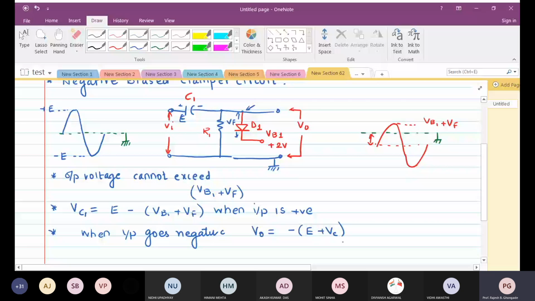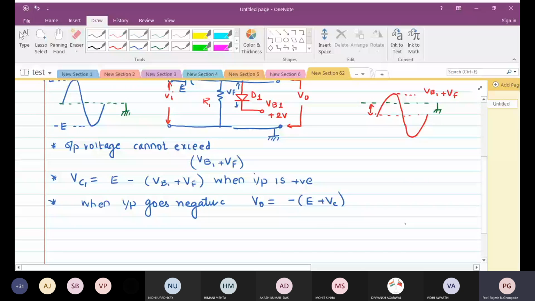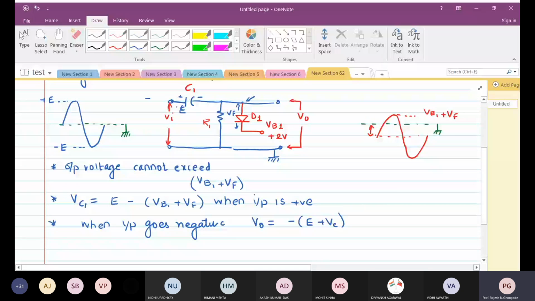See if you can understand this. Initially this was positive, so that is the reason why the capacitor got charged to E. Now I am applying minus E to that. At the same time there is a voltage already across the capacitor. The capacitor was charged to this value VC1, which was E minus (VB1 plus VF).